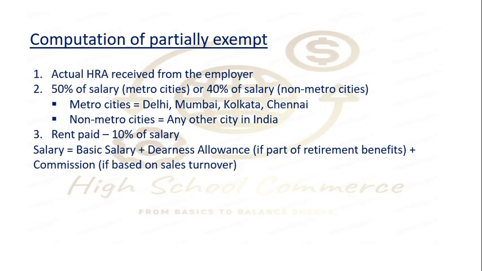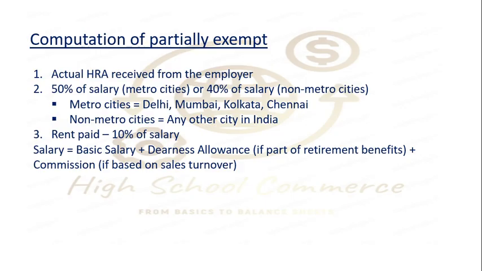The third one is the actual rent paid over 10% of salary. The definition of salary here is basic salary plus dearness allowance if part of retirement benefit, and commission, which is basically based on the turnover of the company.